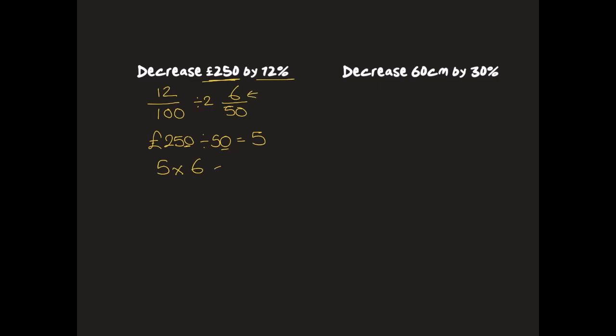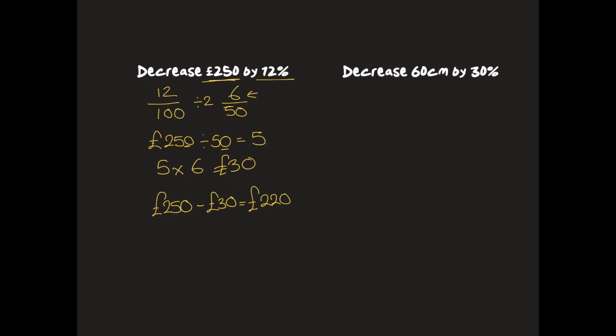And 6 times 5 is 30. So it's £30. Now I'm decreasing here, so in this last step, as I said already, we need to take away. So £250, take away my 12%, which is £30, which will give me an answer of £220.